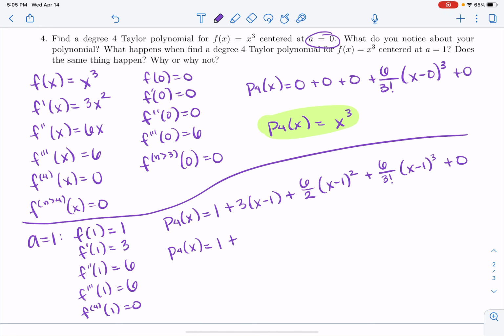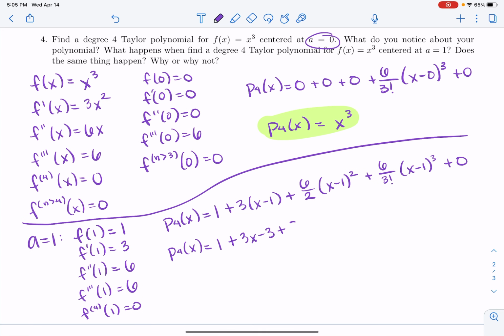Okay, so we have 1 plus 3x minus 3 plus 6 over 2 is 3 times, let's see, x squared minus 2x plus 1, and then plus 6 over 3 factorial is just 1 times x cubed minus 3x squared plus 3x minus 1.